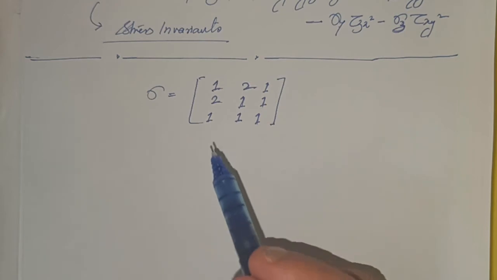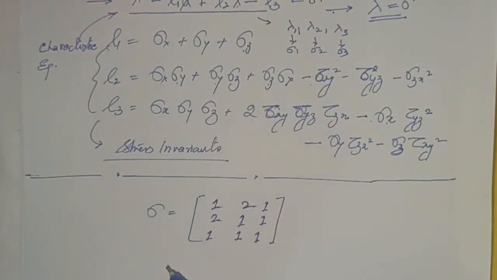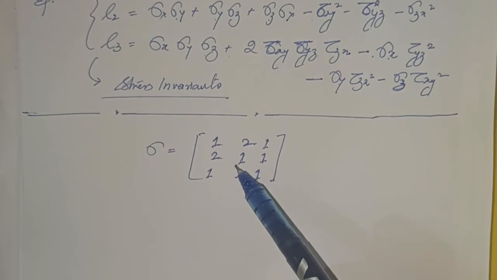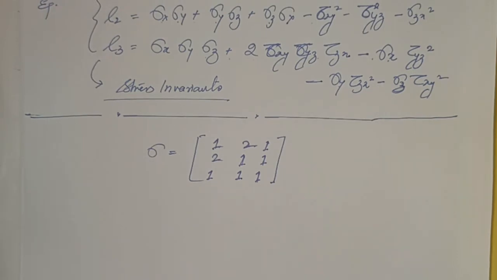Invariance check means we will obtain these L1, L2 and L3 before the transformation, and then we will obtain the L1, L2, L3 after the principal stresses have been found from the principal stress tensor, and we will check that these stress invariants will be the same.